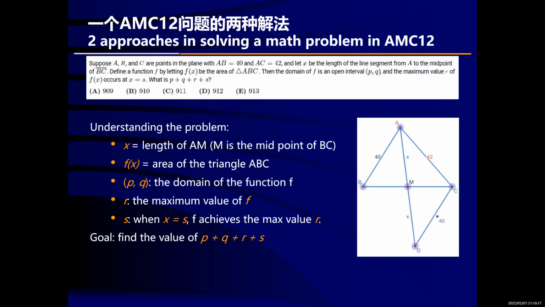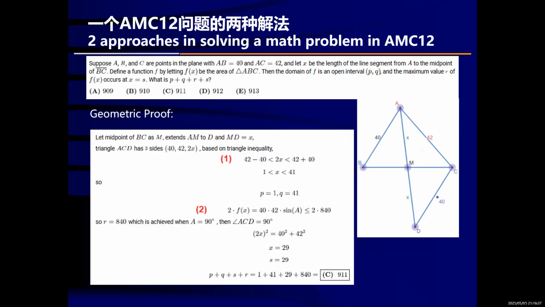You see a lot of information given by this problem, right? But if you are detail-minded, or careful enough, you should have no difficulty understanding the given information and also the goal of this problem.